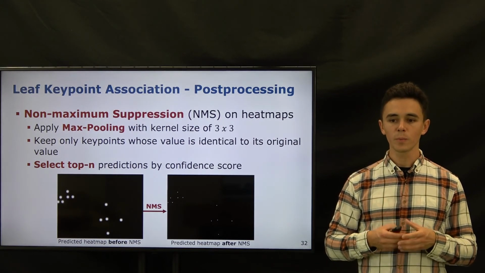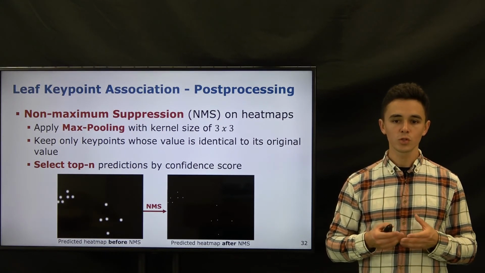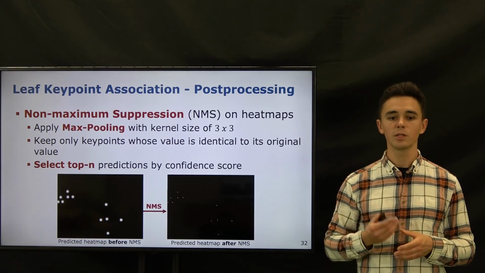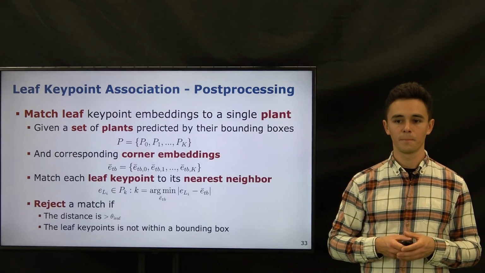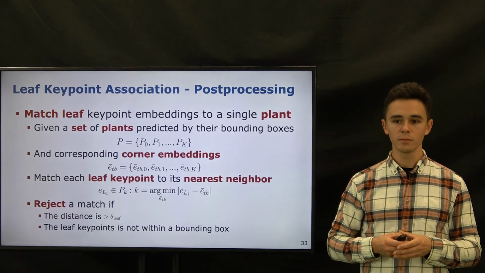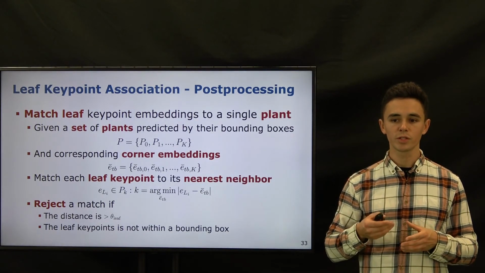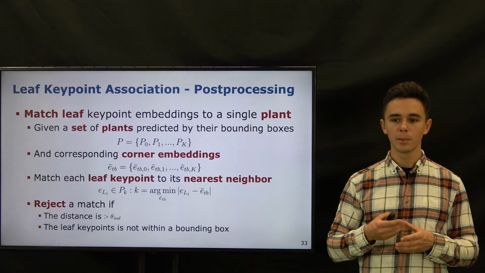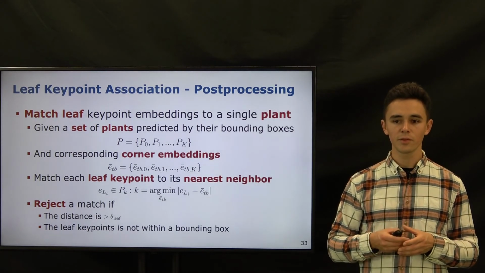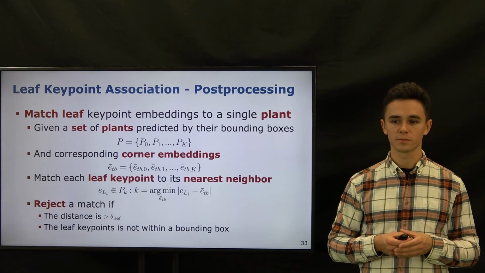Finally, we select the top n predictions by score and also extract their corresponding leaf key point embeddings. Then, to match a leaf key point to a single plant, we refer to the set of previously defined bounding boxes and their corresponding corner embeddings.